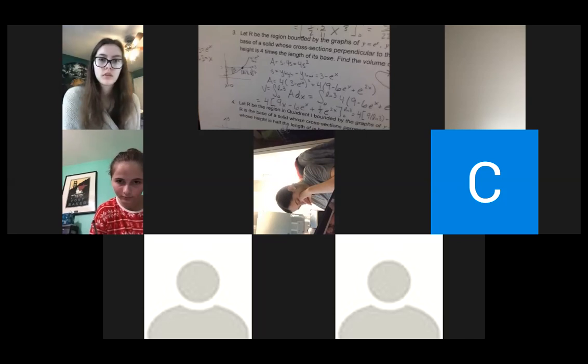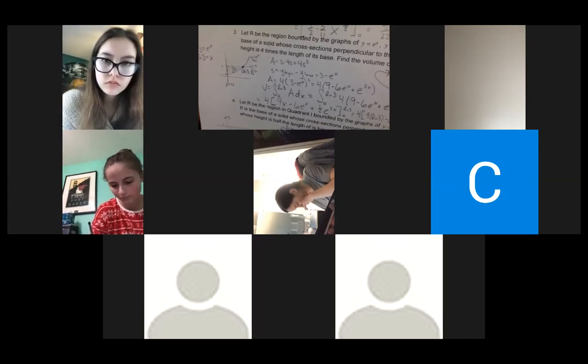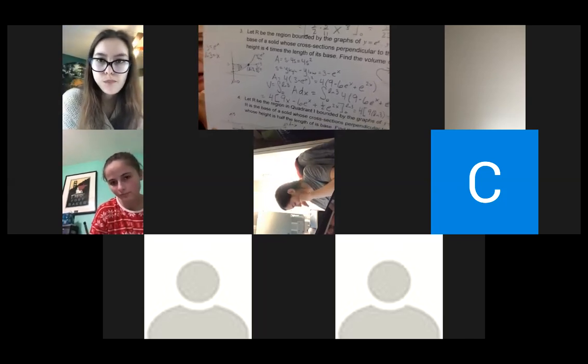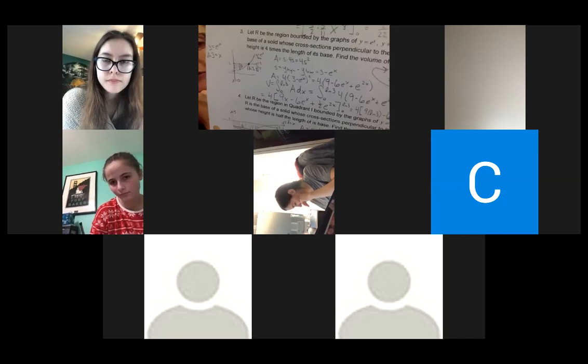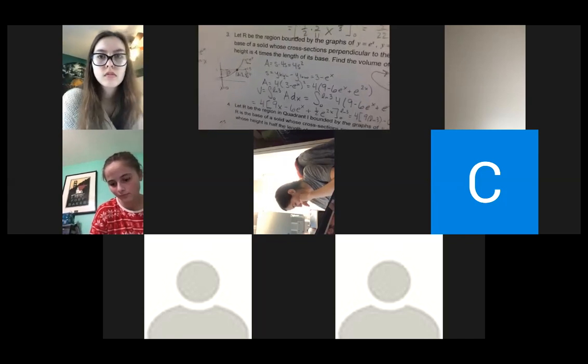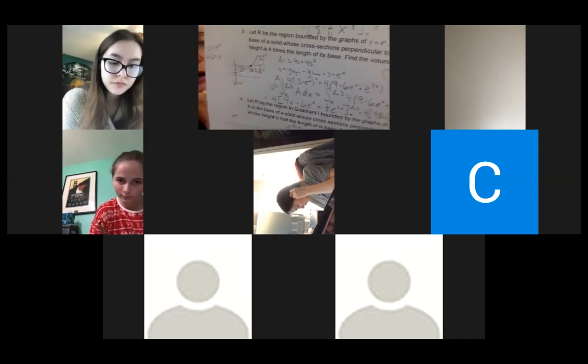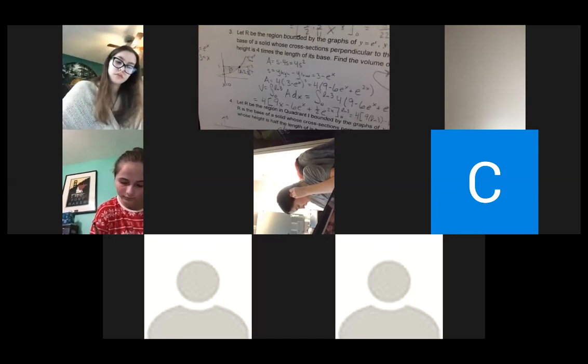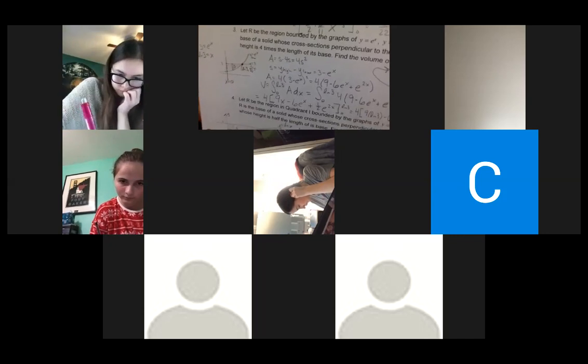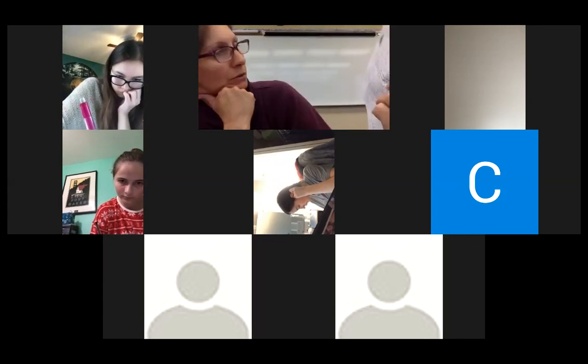Then I simplified that to be 4s squared. Does that make sense? Yeah. Okay. And then I showed how I figured out what s was. Again, I did the top y, or the high y, minus the low y. And so that ended up being 3 minus e to the x. And then I substituted that into my equation for the area there. Mm-hmm.